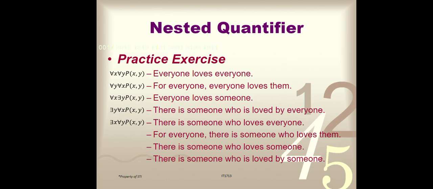There is someone, meaning there exists an x, who loves everyone. Now, how about for everyone, there is someone who loves them. That would be for all y, there exists x, P(x,y). For everyone, there is someone who loves them. Sana all. And this one, there is someone who loves someone. In symbols, that is there exists x, there exists y, P(x,y).